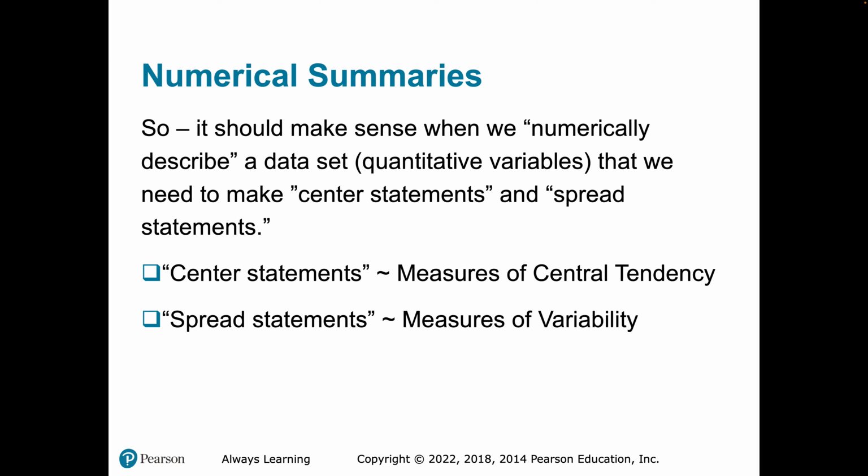If I was going to appropriately describe my golf scores for an entire golf season, I would need to make a center statement, which represents the typical score, probably the average, and then I would need to make a spread statement, which measures the variability.